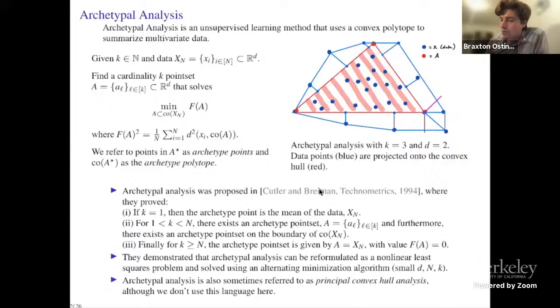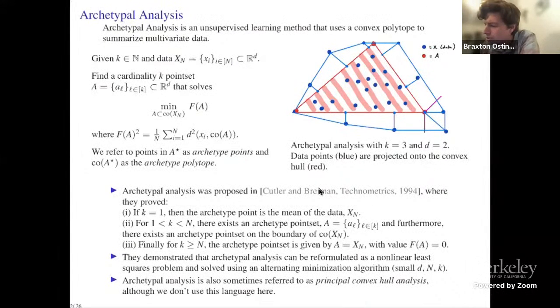We try to find the convex polytope, or equivalently the vertices of the polytope, to solve this optimization problem. We minimize the mean squared distance between the data and the polytope, subject to the constraint that the polytope, or alternatively the vertices, are contained in the convex hull of the data.